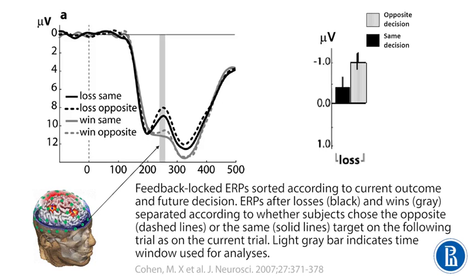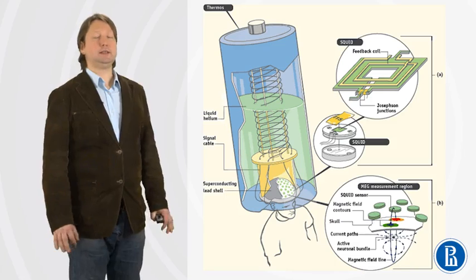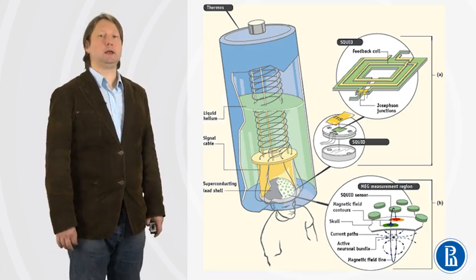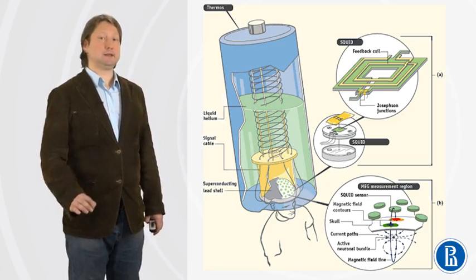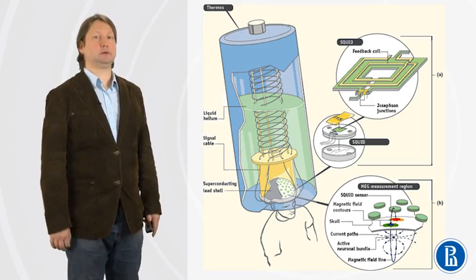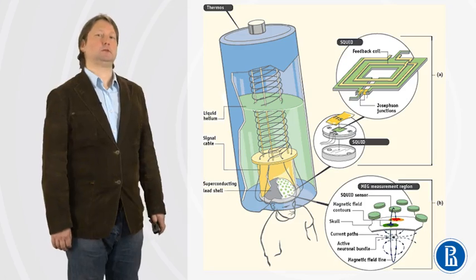So you see that the peak is particularly strong when the subject changes the decision in the next trial. So we can predict the decision based on the evoked response, based on the event-related potential. This method helps us to really investigate the dynamics of the decision-making process with millisecond precision.